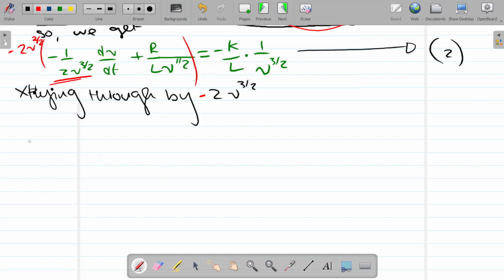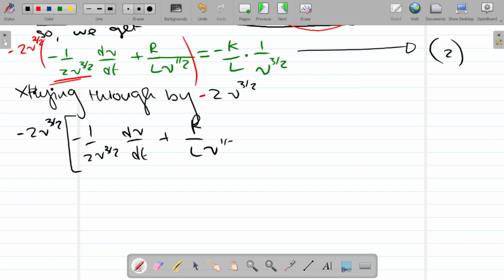then we get, and how shall I write it down? Yeah, so I'll write it in full here. Minus 2v to the power 3 over 2 times minus 1 over 2v to the power 3 over 2 dv by dt plus r over L. Oh, and there's a v to the power half there.